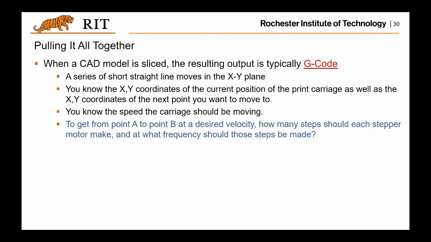So another part is the G code. The G code is the code to control the motion of the printing head, and it will give you the X, Y positions that the printing head will travel to or from, right?